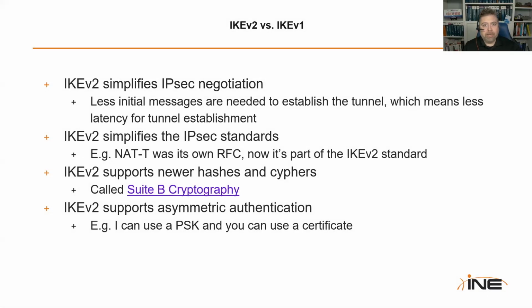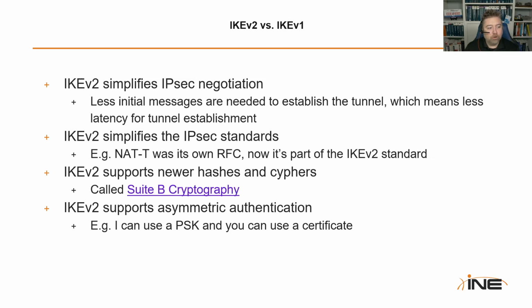Okay, so when we look at IKE version 2 versus IKE version 1, IKE version 2 is going to simplify IPsec negotiation by having fewer initial messages needed to establish the tunnel. Okay, this means the tunnel is going to come up faster. We have less latency, or less delay, for the tunnel initiation when comparing IKE version 2 versus IKE version 1.